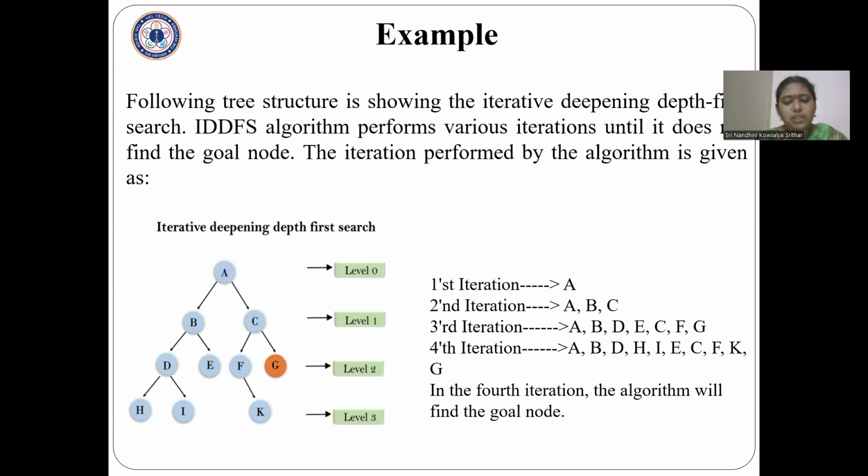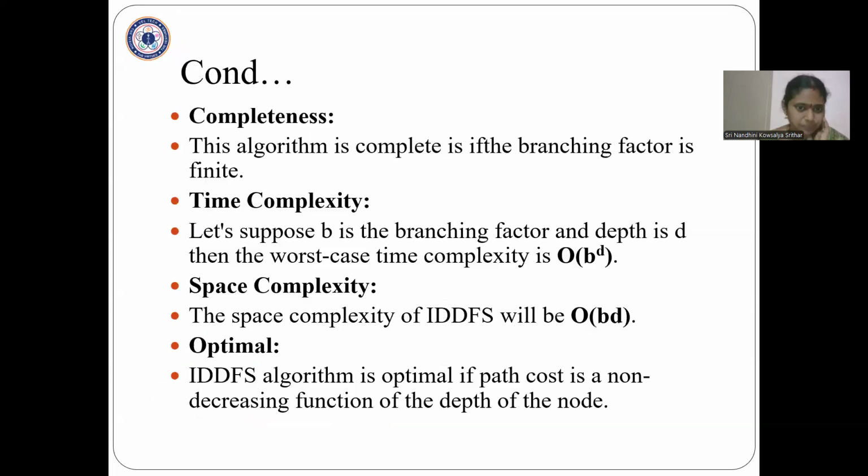Or else we go to the next level, where it also searches A, B, C, D, E, F, G, then H, I, K. Likewise it searches, so it is memory efficient. In the third iteration itself, we find the goal node.